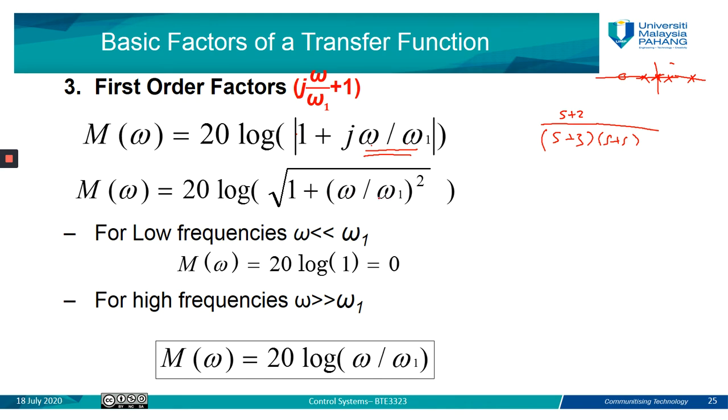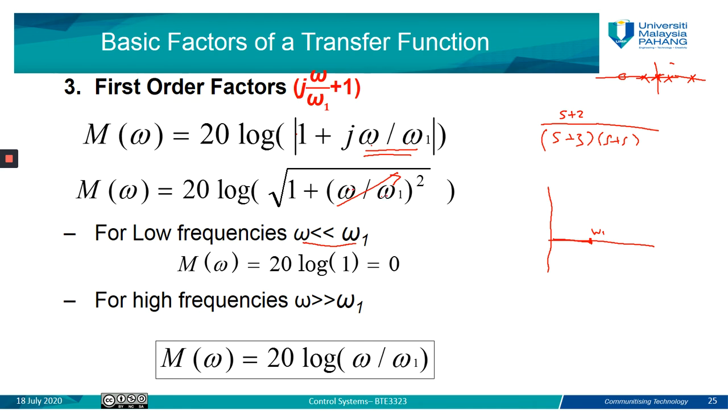So for all frequencies which are much less than omega 1, in this graph, this is the frequency omega 1, the value of the zero, or the value of the pole in the case of the pole. For frequencies less than omega 1, this part will be ignored, because this value is smaller than omega 1.